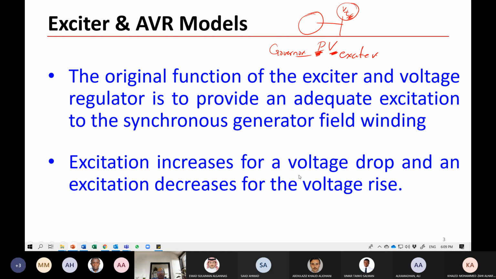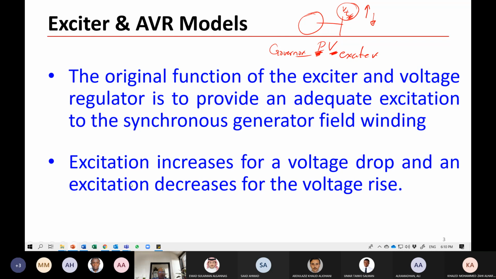Excitation increases for a voltage drop, and excitation decreases for a voltage rise. Of course, this is a control. If you experience higher voltage, then you want to reduce the excitation, and vice versa.